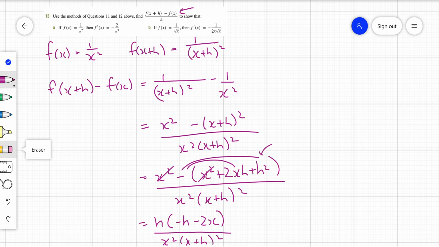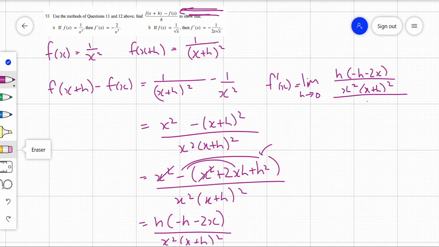So now if I was writing this out, I would have all of that stuff on top, or even better really, f dash of x is equal to the limit as h goes towards 0 of this, what we just did, all of this over x squared (x plus h) all squared, on h.